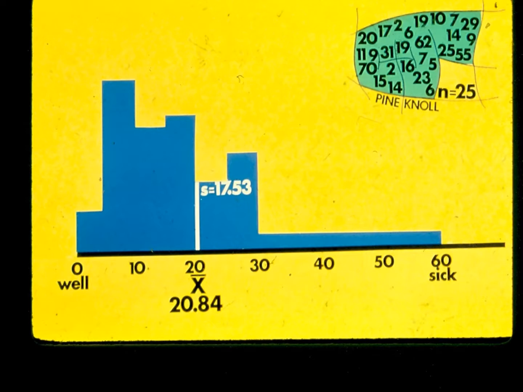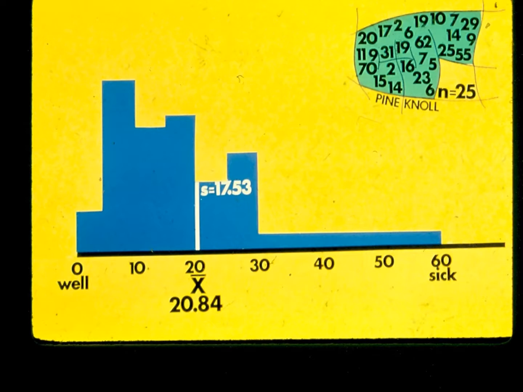In the top right corner of this picture are the CMI values obtained for each of the 25 heads of household in the sample. On the left is shown their histogram, with sample mean X bar and sample standard deviation S. Notice that the sample mean is about 20. A mean of 20 is on the lower, healthier end of the CMI scale.